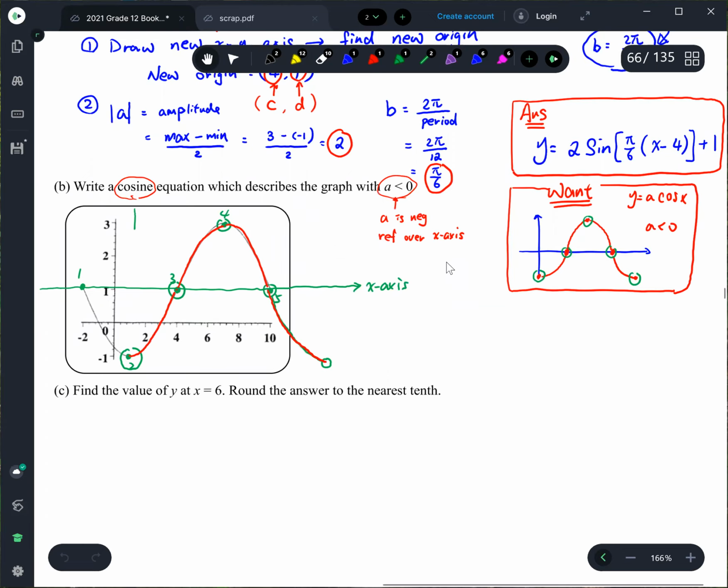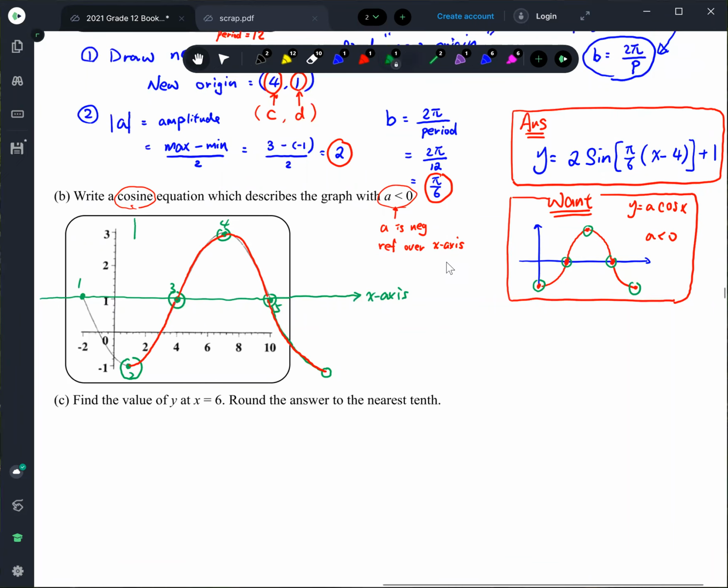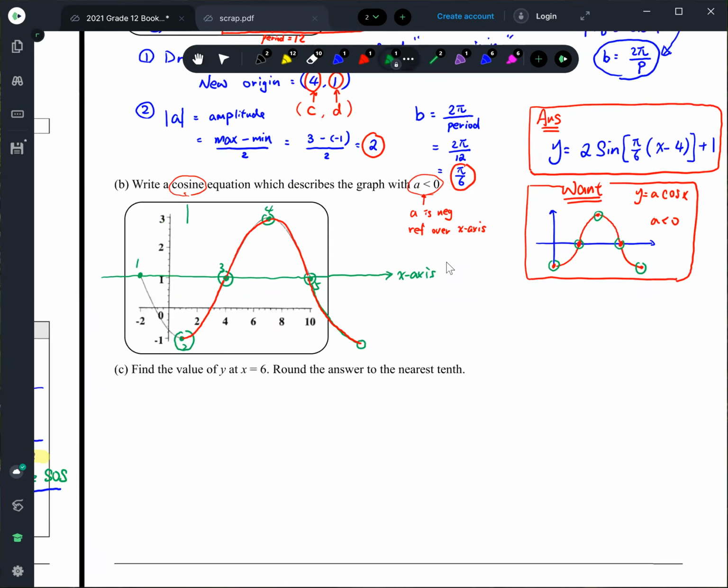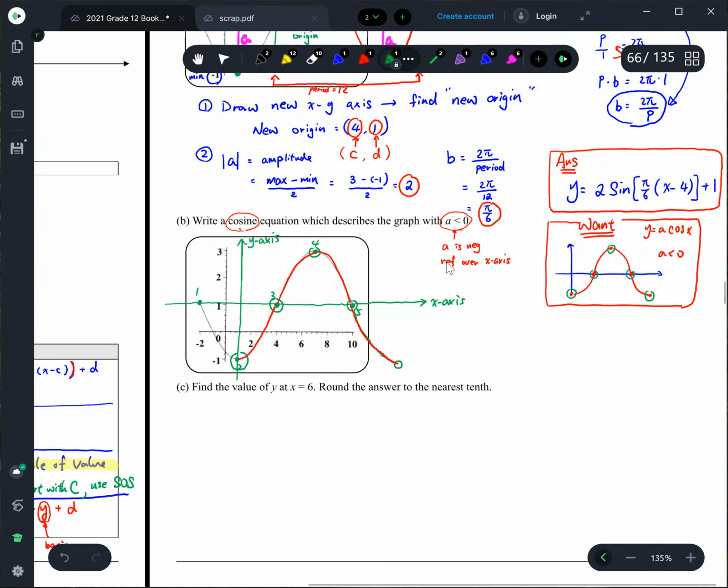So your starting point is the second point. We need to draw the y-axis through the second point. So this is the y-axis. Where the x and y-axis cross, that's your new origin.